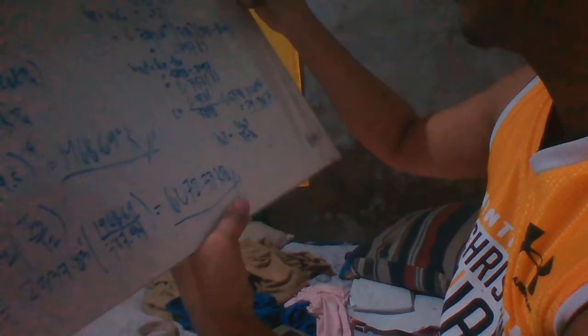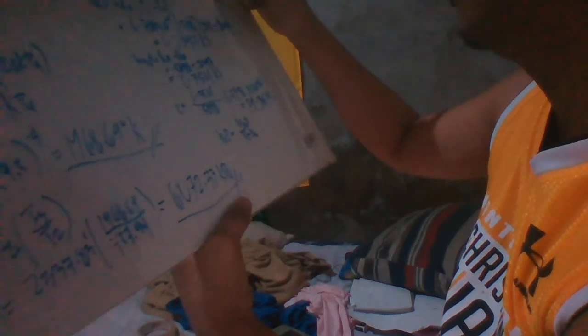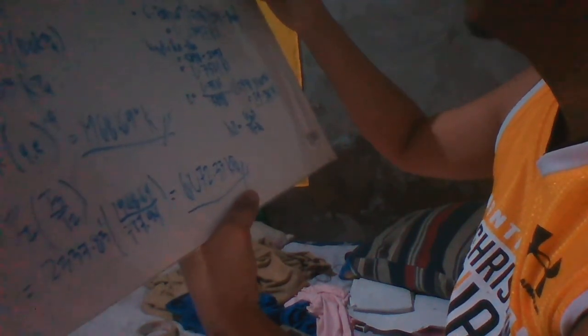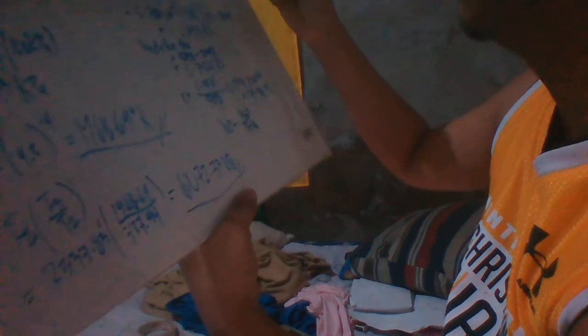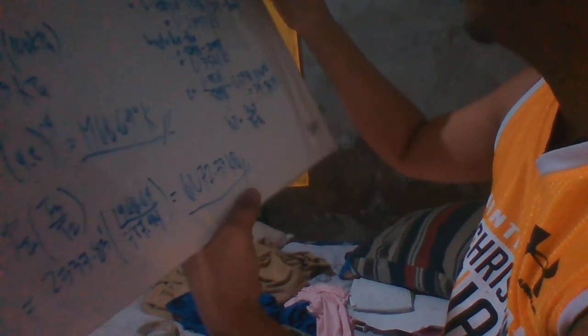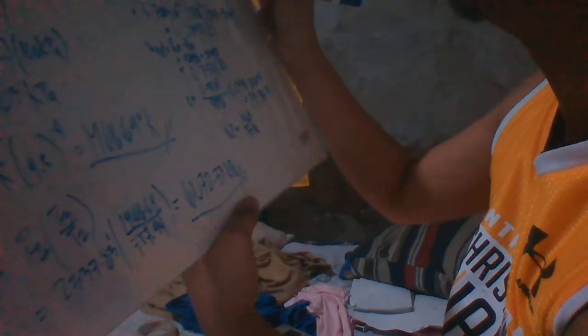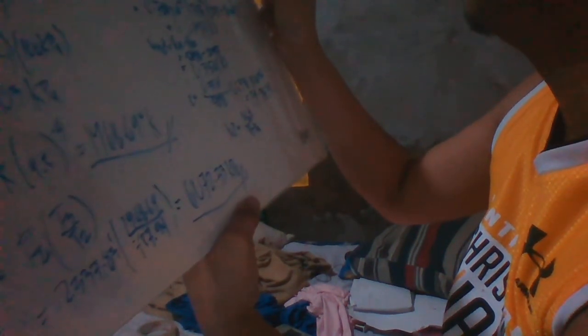So V1 minus V2. As we know, V1 over V2 is equal to the compression ratio r. So 9.5 is equal to V1, which is 3 over 5,000 cubic meter, over V2.